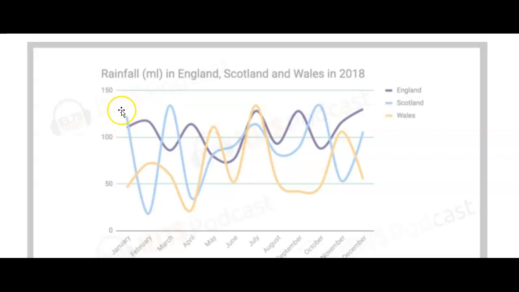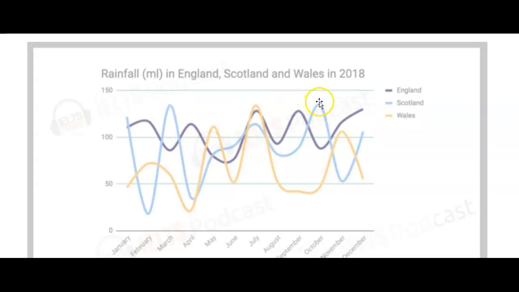Okay? And then I would say the following month, it dropped to its lowest point to 30 ml, or no, maybe 20 ml. Okay, before it reached the first of two peaks in March at 130, whatever that number is.